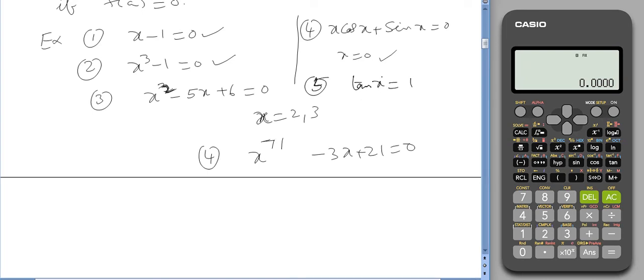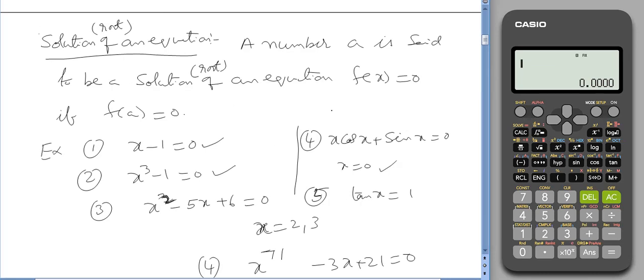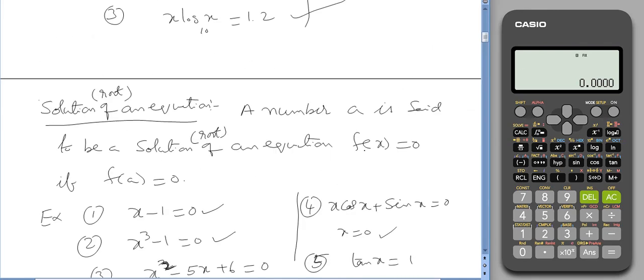This equation has an infinite number of solutions. We will discuss later in detail. So this is a simple definition. A number, whether it is a real number or complex number, is said to be a solution or root of an equation f(x) equals 0 if a satisfies the equation, f(a) equals 0. Okay. Now this is about the solution of an equation.